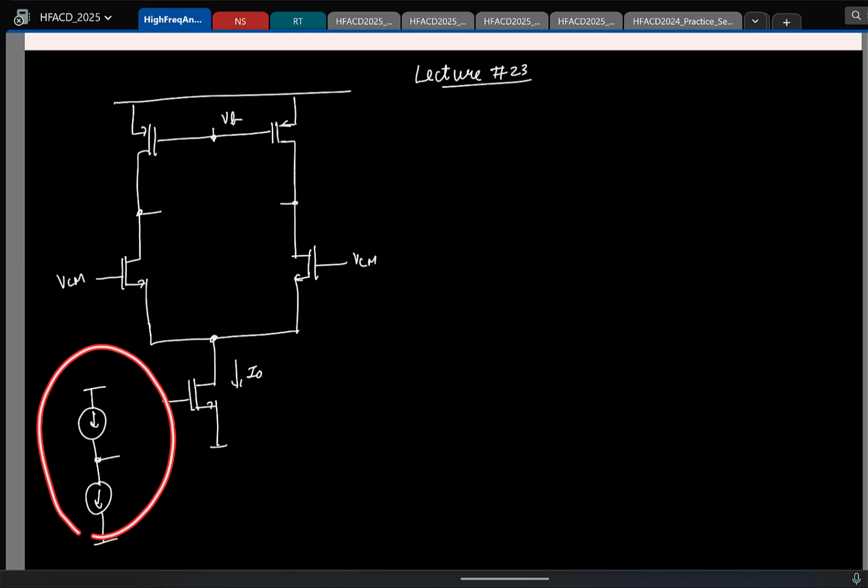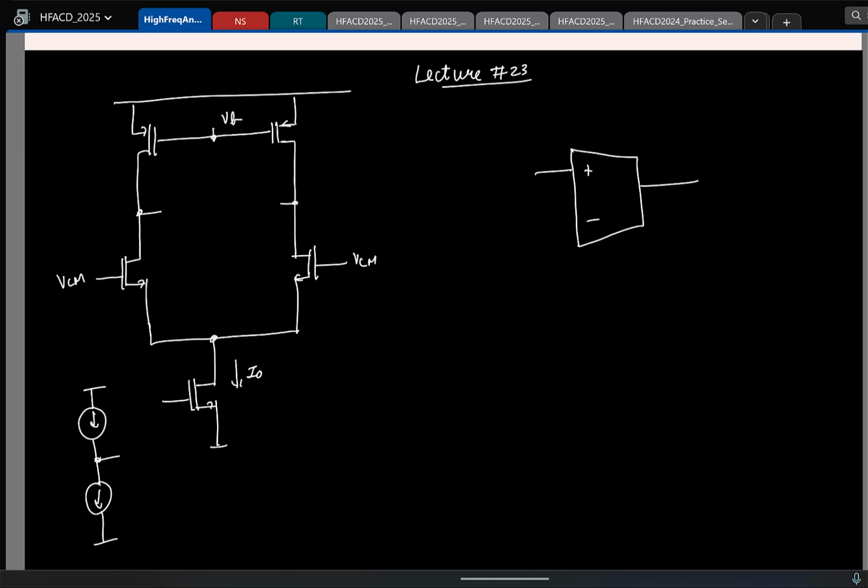What is the fix for this? We should have only one current source biased independently, and bias the other current source using feedback, right? You did it in your midsem also. So first let's look at our two-stage single-ended output op amp. There also we had the same setup. Let us say this is the first stage, and the second stage was the common source.